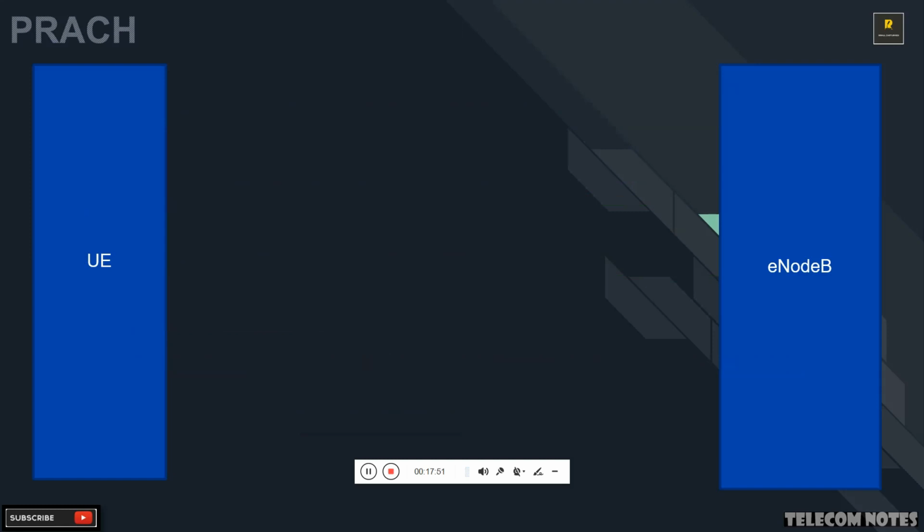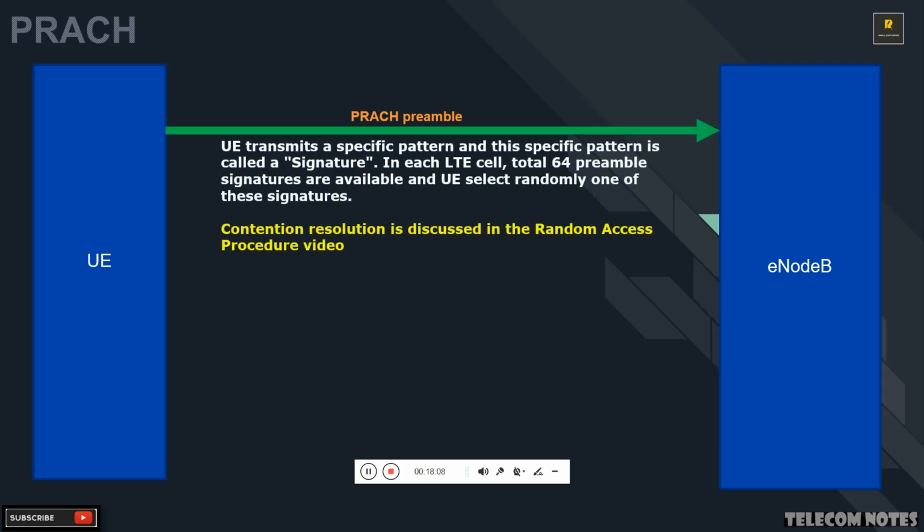For the initial attach procedure, starting from the PRACH, that is the physical random access channel, the UE sends the PRACH preamble to the eNode B. The UE transmits a specific pattern.